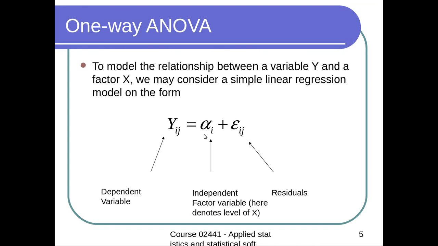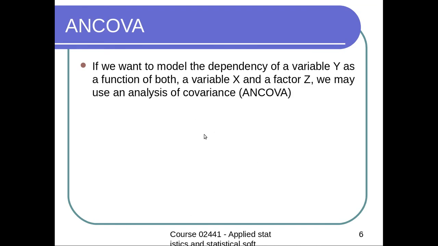So how do we combine these two things? Well, we do what is called analysis of covariance, so that we have both continuous variables and factors as explanatory variables or independent variables, and we still keep our dependent variable as y.